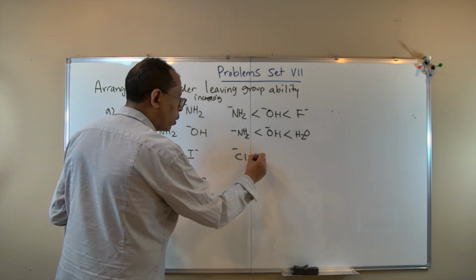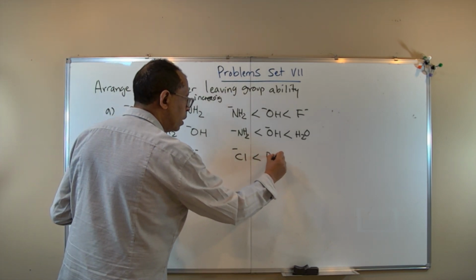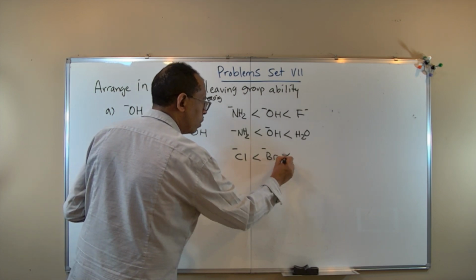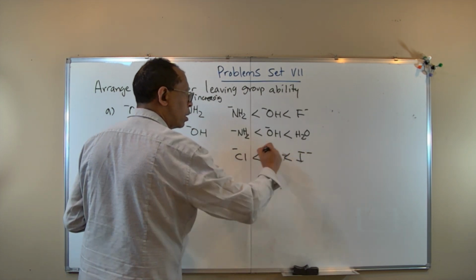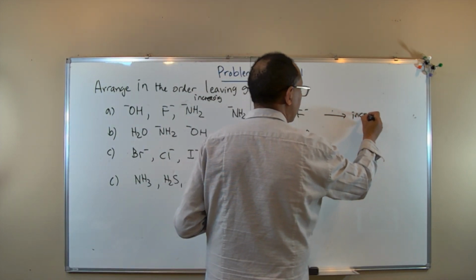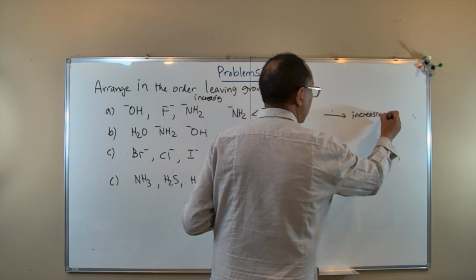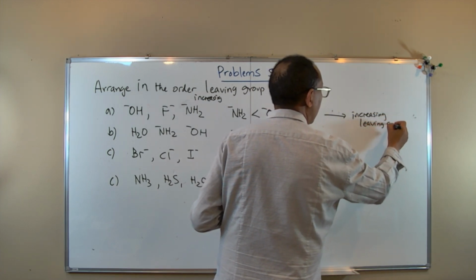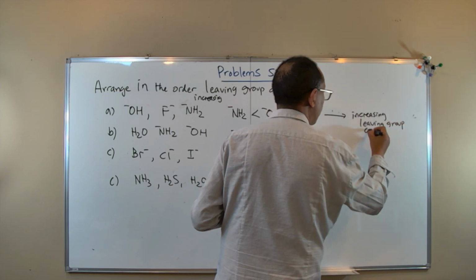The next weaker one is bromide. The next one is iodide. So it's increasing in this direction. All of this direction is increasing leaving group ability.